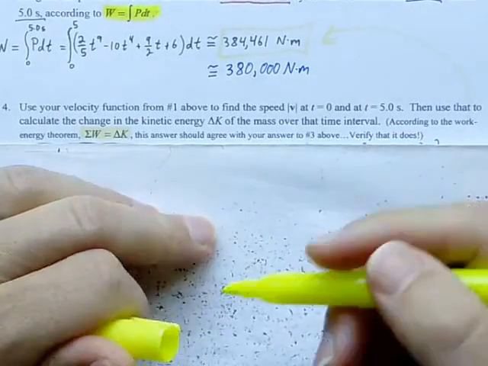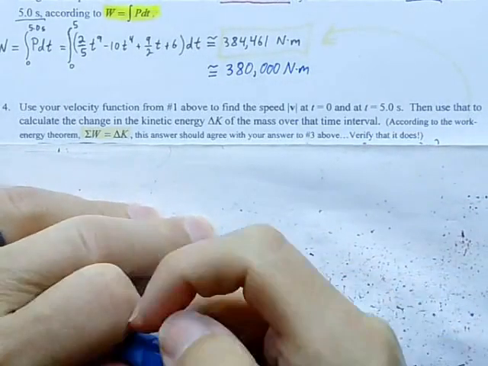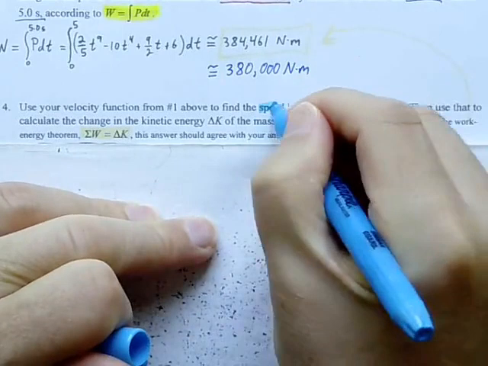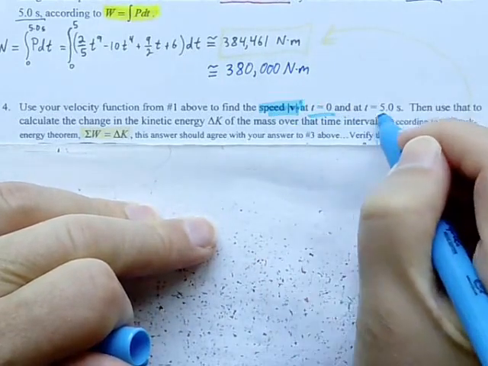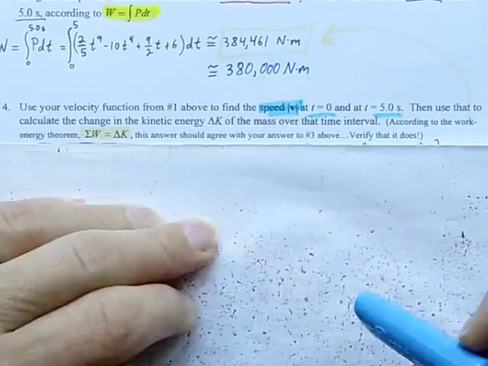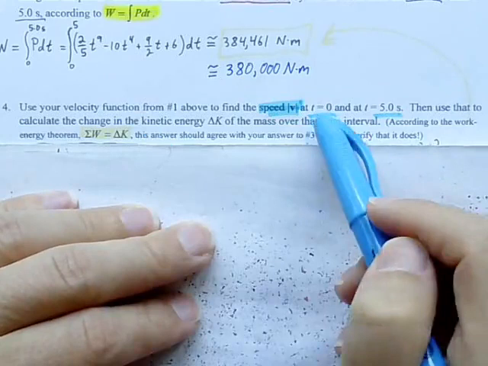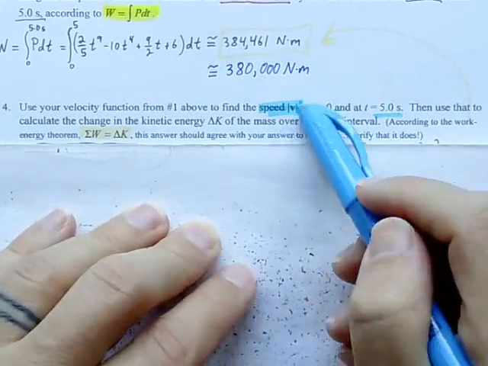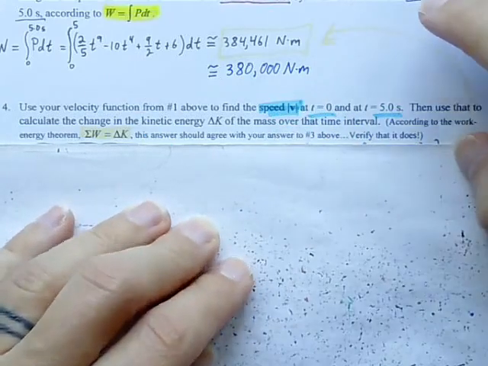So we want the speed at those two specific times. So evaluate your velocity function twice, once at this time, once at that time, and then find the magnitude of the velocity at those two times.